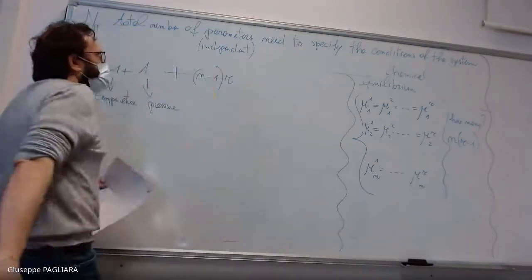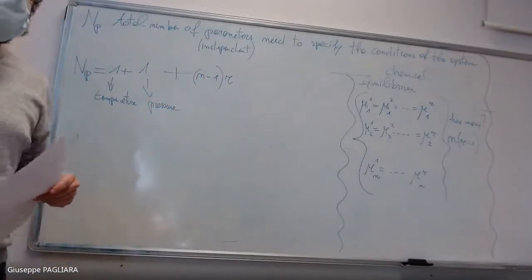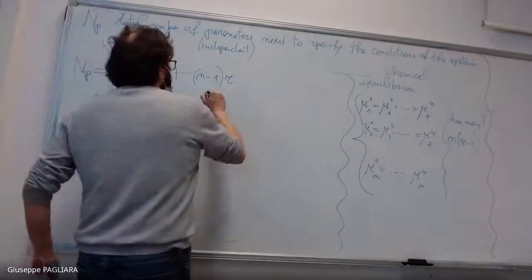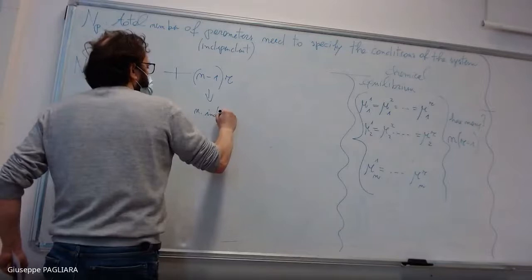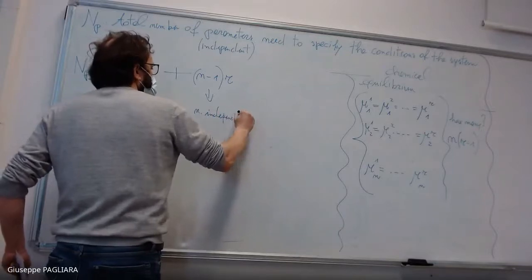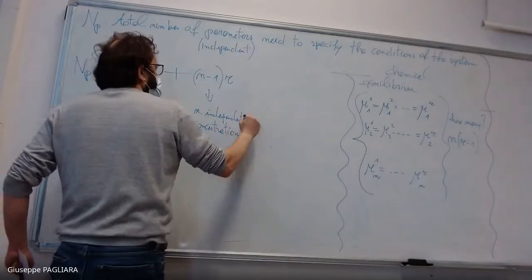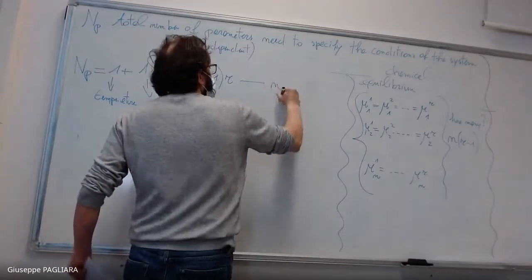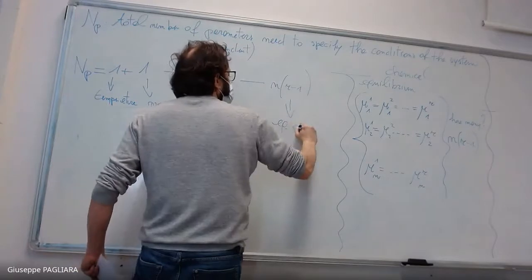For each phase, I have n minus 1 independent concentrations, but I also have some constraints: minus n times (r minus 1) equations of chemical equilibrium.